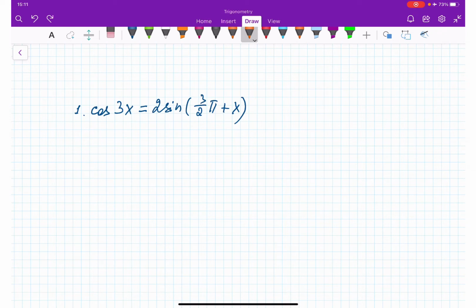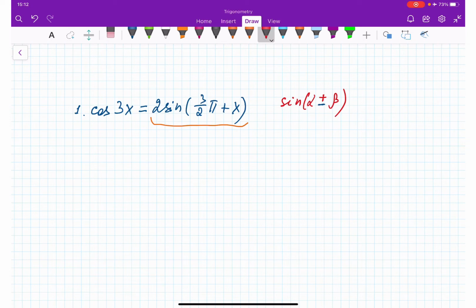What we are going to do is look at sine of 3π/2 plus x, and we have a formula for this. The formula is for sine alpha plus beta or sine alpha minus beta.